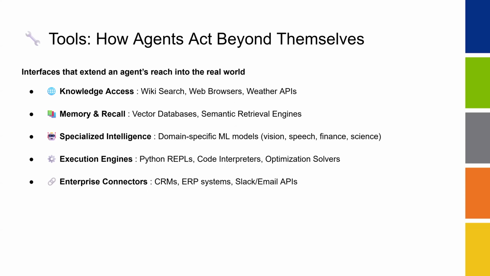Tools, how agents act beyond themselves. So what types of tools do agents have at their bay, which are interfaces that extend agents' reach into the real world. They can be knowledge access, like wiki search, web browsers, weather APIs, memory and recall, vector databases like Pinecone.